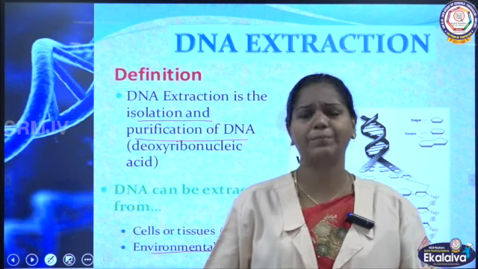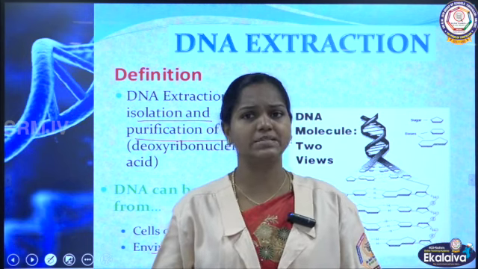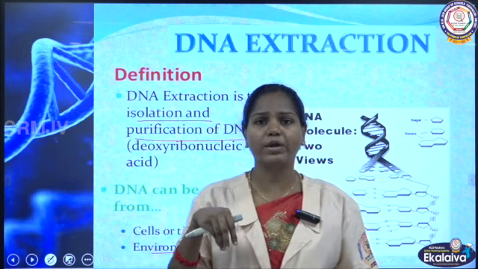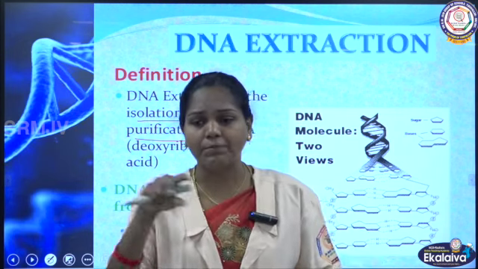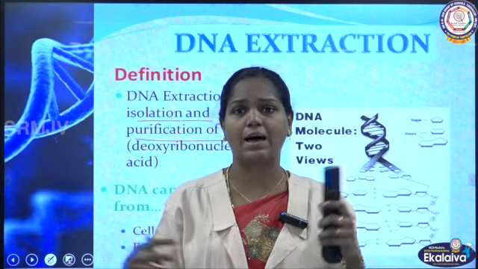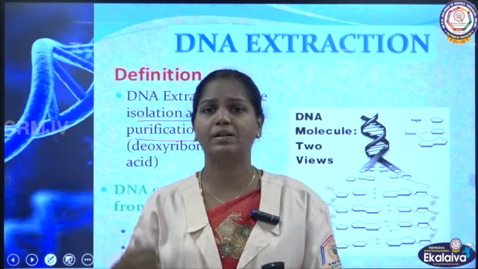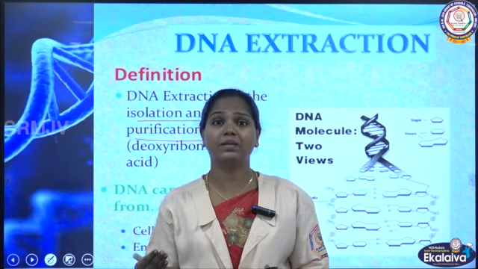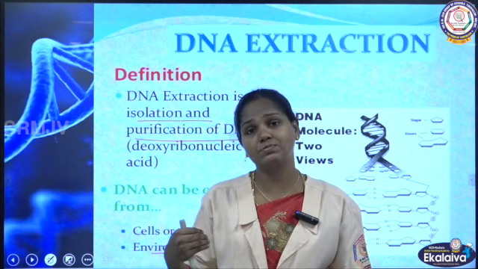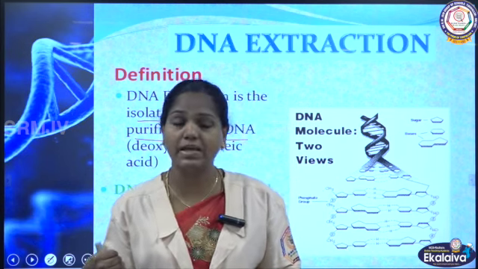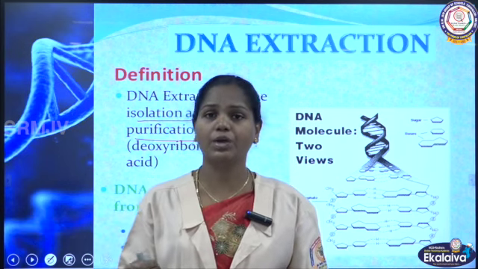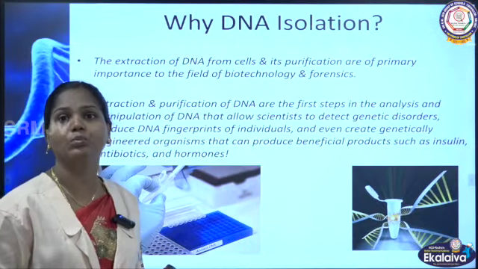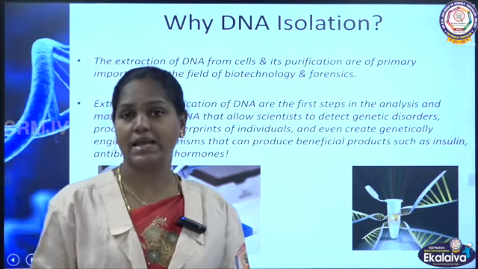For example, in forensic science, in a place where there was a murder, they will collect various samples. There will be a blood sample, an air sample, nails, skin scrapings. From all these things we can isolate our DNA. So this is about DNA extraction and the samples we use.